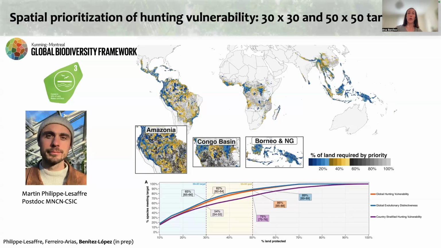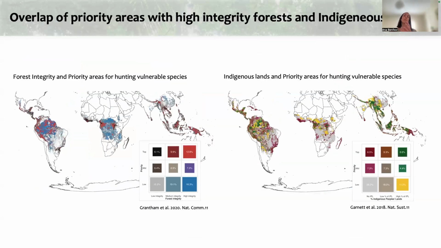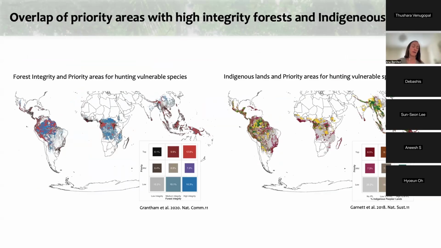Okay, but we know that, on the one hand, there are people living in tropical forests, and also there are other indices that we should use for spatial prioritization. So here on the left, what we did is check how much of the land that we say should be protected because of mammal communities vulnerable to hunting overlaps with forests that have high integrity.